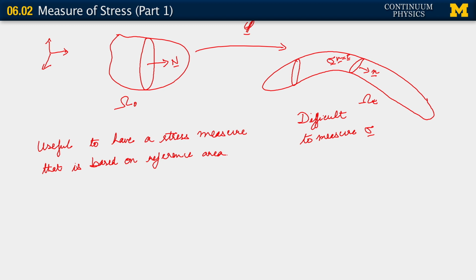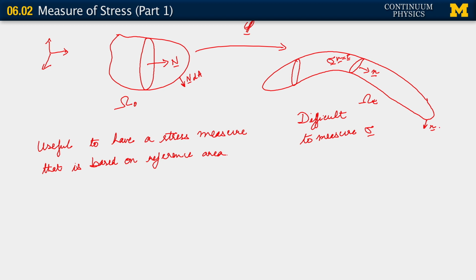So on this body, let's suppose that this is our normal direction n, and that goes off into this normal n. Okay? That same little elemental area. Okay, so we have n dA here.